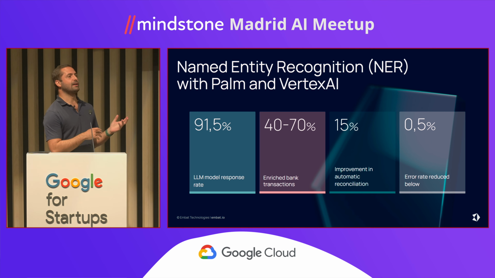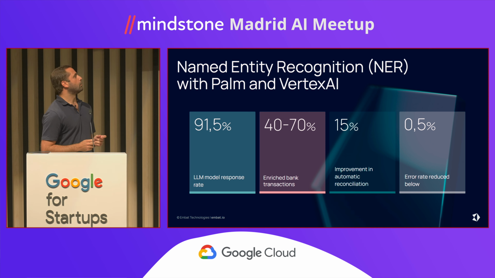So depending on our clients, mainly on their sector, and how they do their payments and collections and so on, we could enrich between 40 and 70% of their data set. And this drove a 15% improvement in this automatic reconciliation, right?